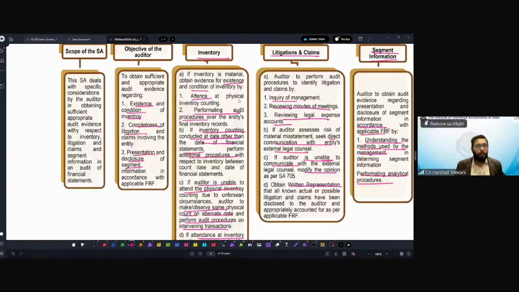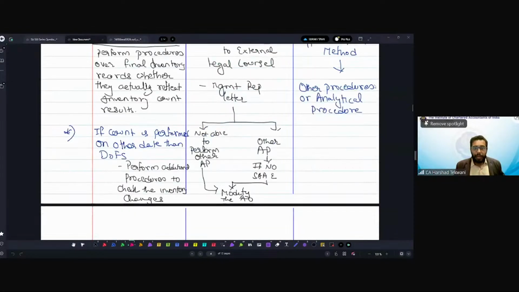For example, what we discussed here is other procedures or analytical procedures. Other procedures will include, let's say, 10 items were supposed to be reported under the segment disclosure as per the applicable financial reporting framework. Whether you have disclosed those 10 items or not, you will perform procedures to identify that.